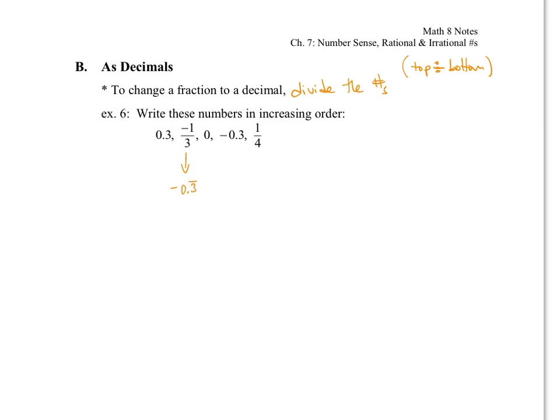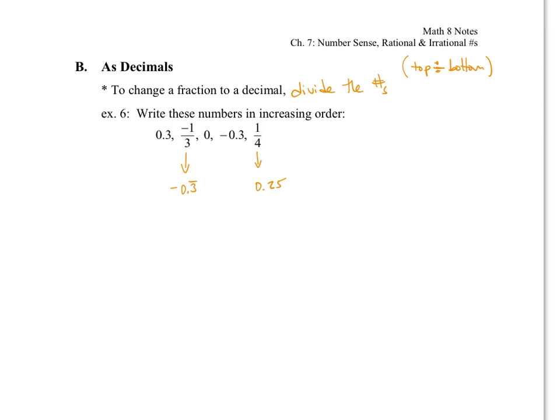Negative 0.3 repeating. What's 1 divided by 4? Use a calculator, people. 0.25. 1/4 is 25 cents. 0.25.